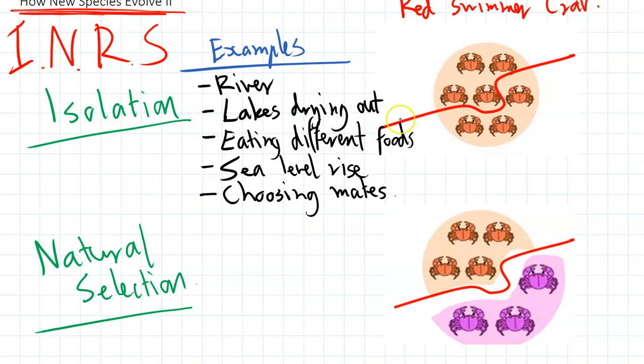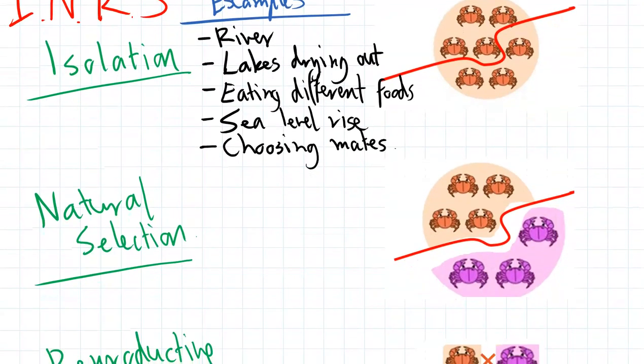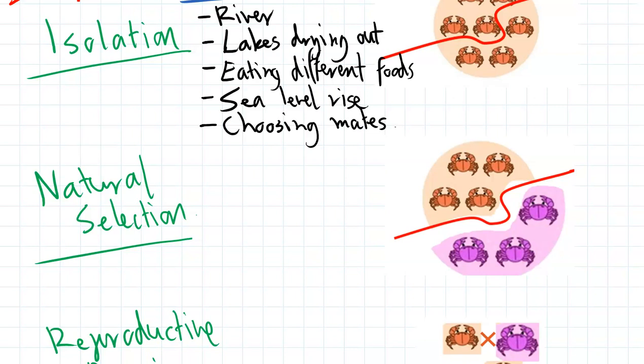Okay, so here, one of these causes here has managed to split this red crab population. Could be a physical barrier, could be behavioural. And now that these populations are split, natural selection will take place. So over time, each population is going to be evolving separate traits and adapting to their environment.